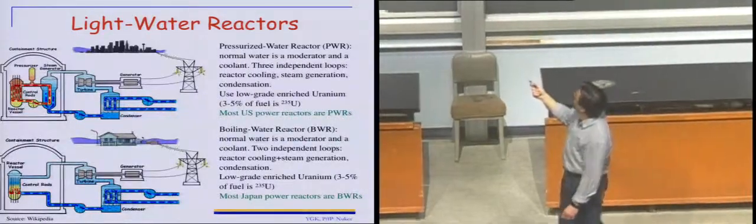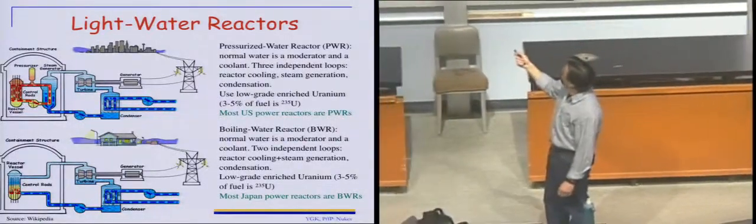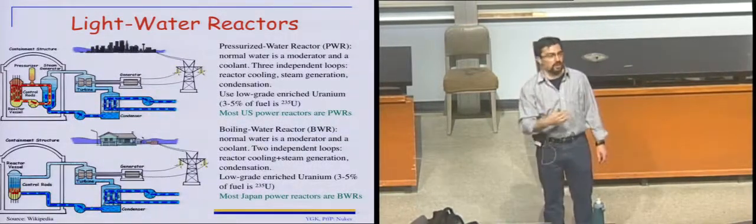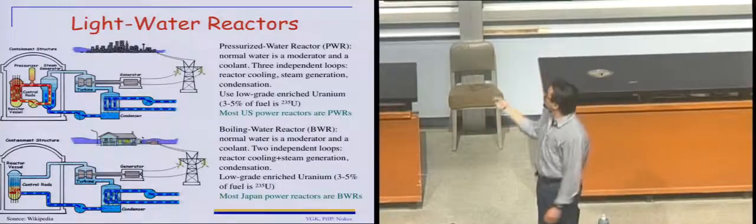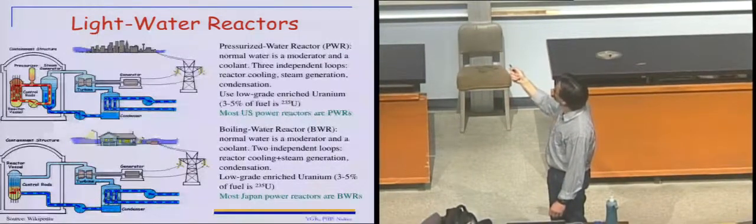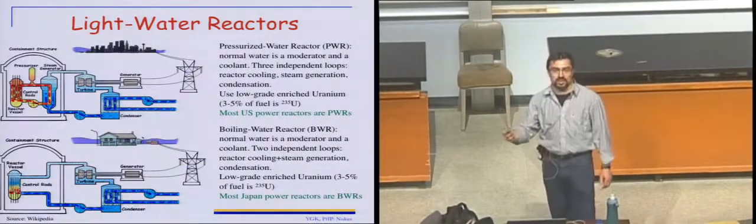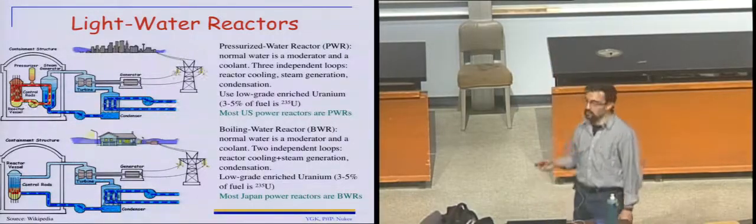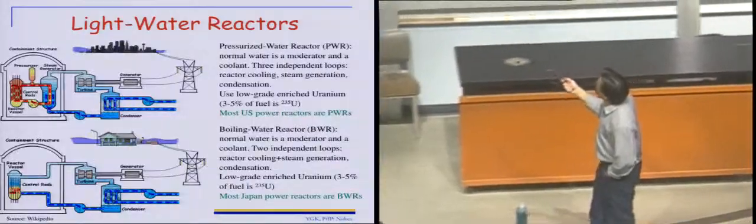So the engineering design of this vessel is relatively sophisticated. On the other hand, if you use a boiling water design, where the water boils under normal atmospheric pressure, then this containment vessel only has to contain radiation but does not have to withstand excess pressure, and therefore the engineering design is a little bit simpler. So this is the Japanese design.